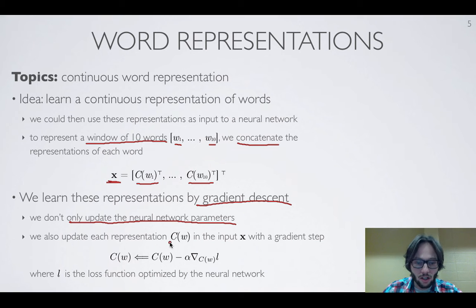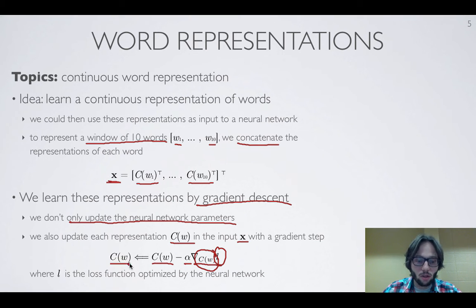So each representation C_w that is in some given input, x, is going to be updated by taking its current value and then subtracting a step size or learning rate times the gradient of whatever loss we're optimizing in our neural network with respect to that vector that is at the input of the neural network.